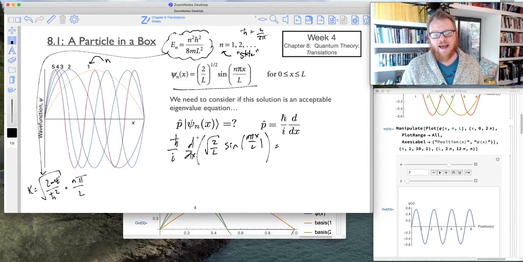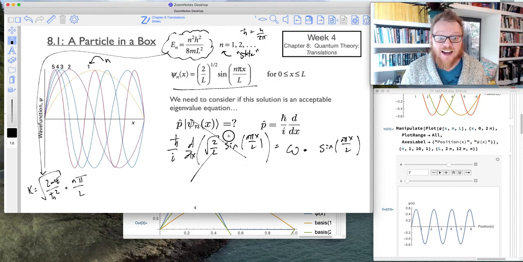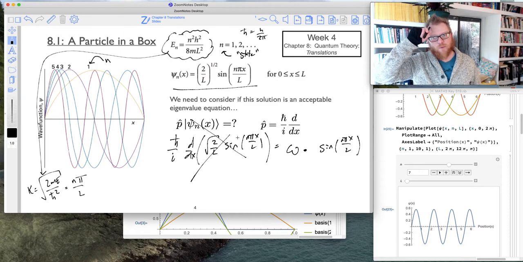In other words, I'm going to have to get some eigenvalue that I'll represent by omega, but then I'm going to have to get back my original sine n pi x divided by L equation. And hopefully you can see right away that's not going to work, because the first derivative of sine is cosine. So this becomes a problem.